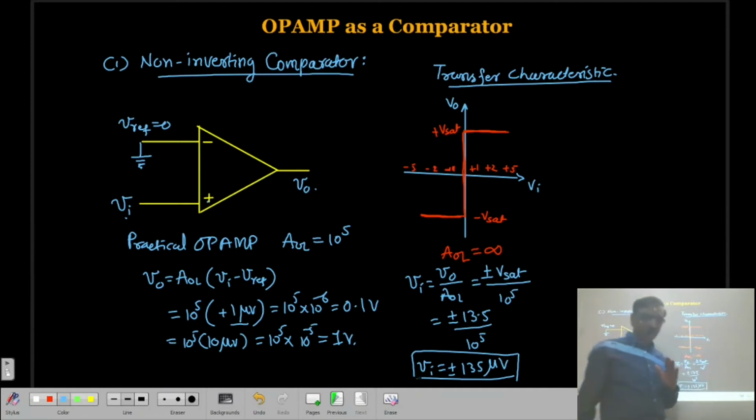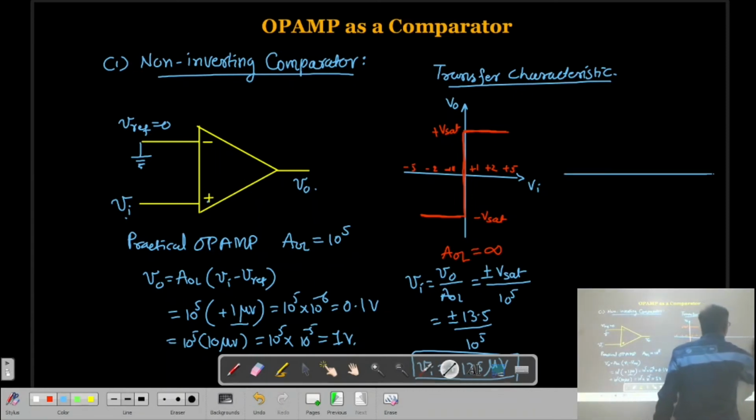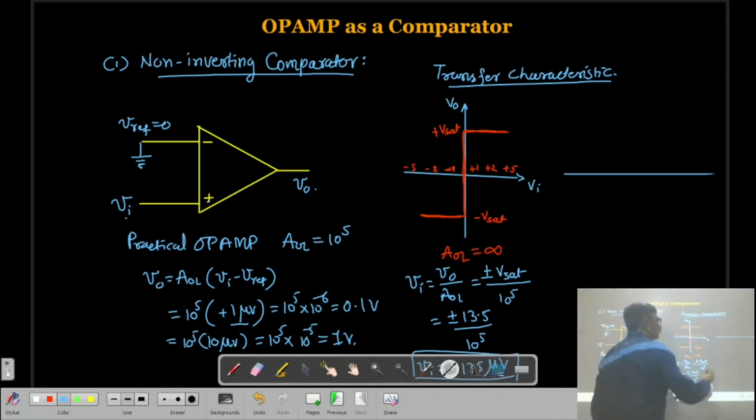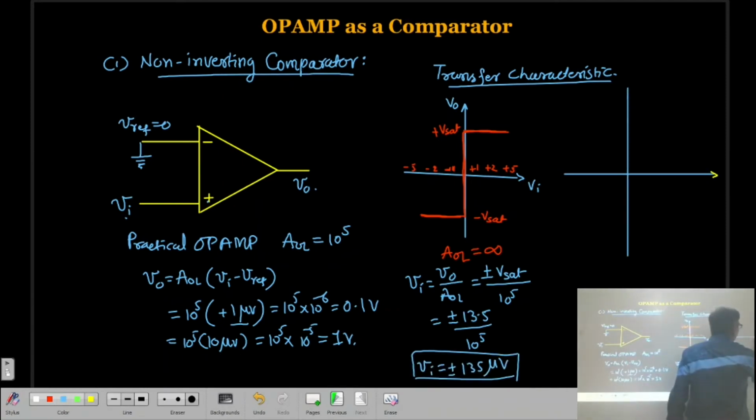So here for this practical op-amp, if I plot the transfer characteristics, then it will be like this. This is input voltage Vi.